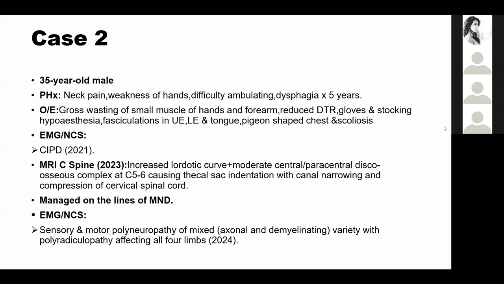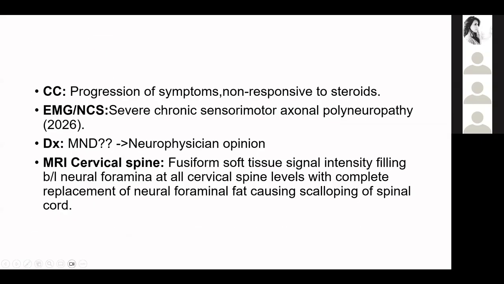A repeat EMG NCS in 2024 confirmed that he had a mixed variety polyradiculopathy that was affecting all four limbs. He presented to us in 2026 with the complaint that his symptoms were progressing and they were totally unresponsive to steroids.